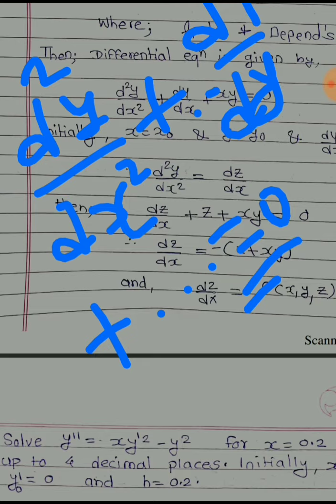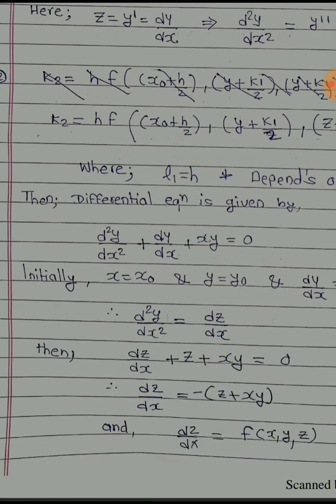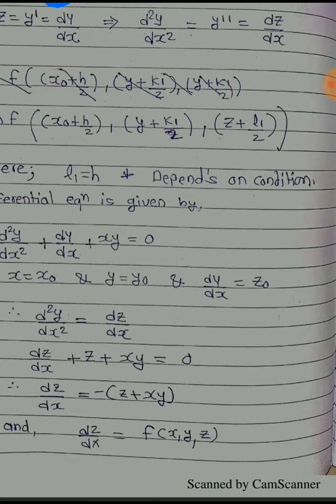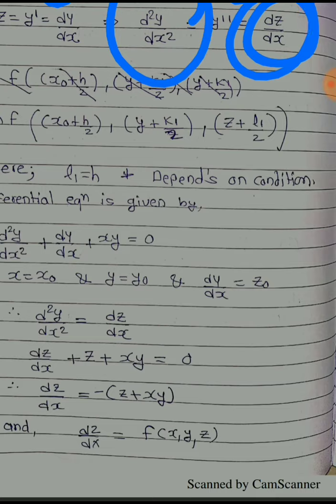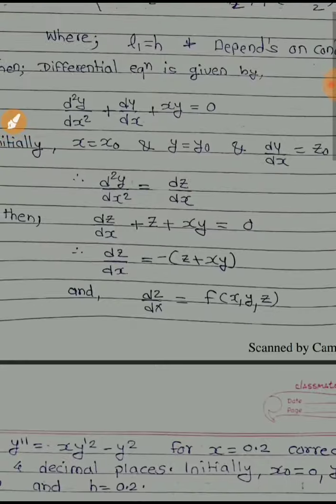Likewise we will be considering the second order equation. So I have considered dy by dx is equals to z, and hence k1 has become equals to f of x comma y comma z. z is equals to y dash, that is dy by dx, and if I take one more derivative of it, that becomes y double dash, which is d2y by dx square, and that is nothing but dz by dx. The representation of y double dash will be dz by dx.